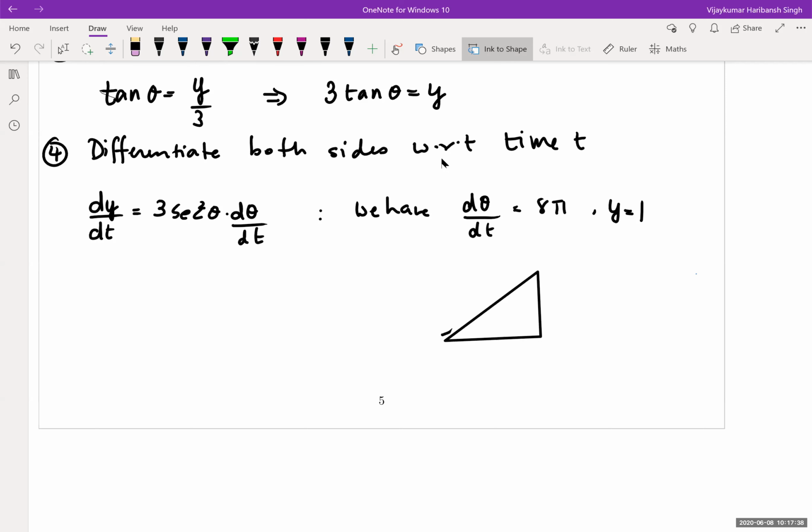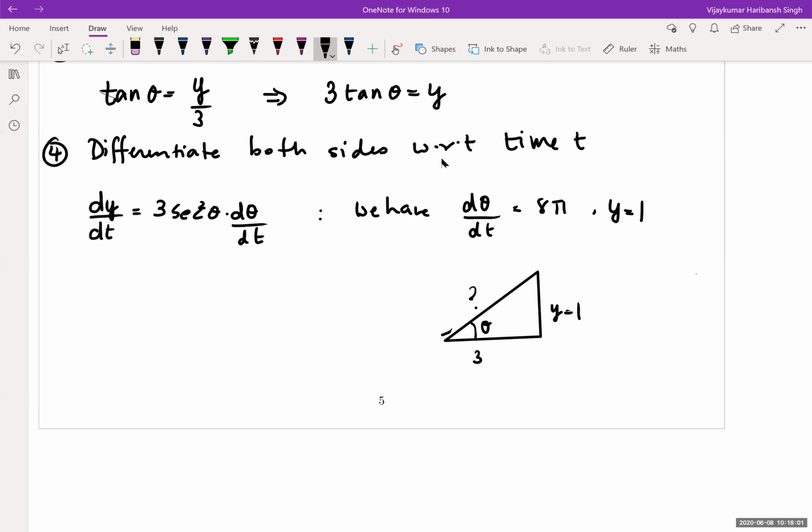Now what do we have? This side is y. If this is theta, we need to know this value. So y is 1. We already know this is 3, but we need to know this guy.